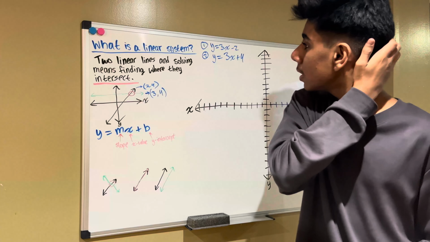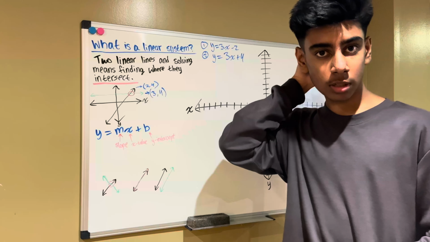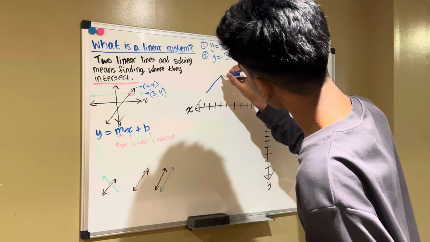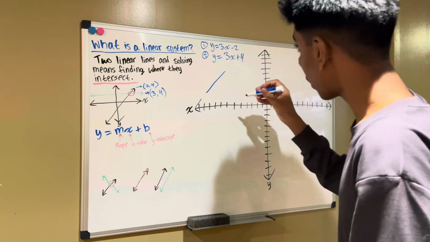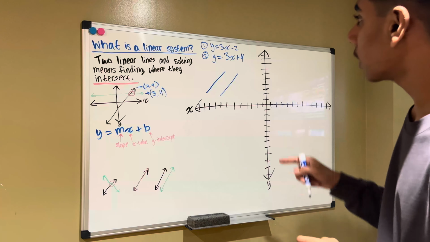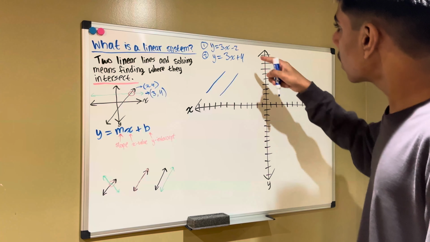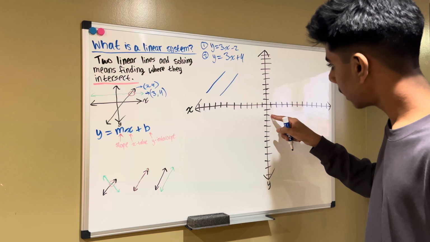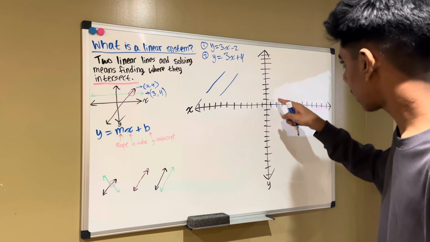So when you see that the two slopes are the same, that means they're going to be going up at the same rate. But the only difference is this y-intercept, it intercepts the y here. So it goes like that.